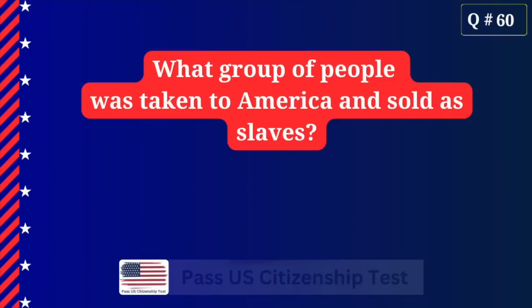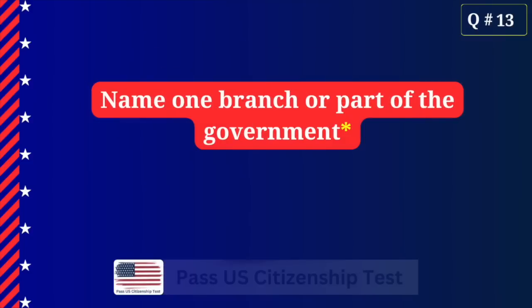What group of people was taken to America and sold as slaves? Africans. Name one branch or part of the government.